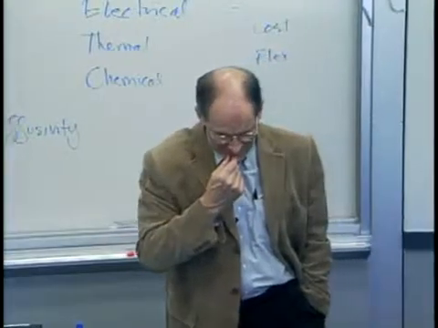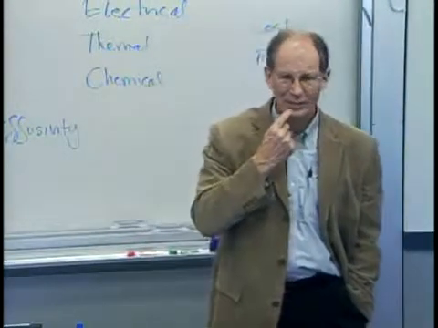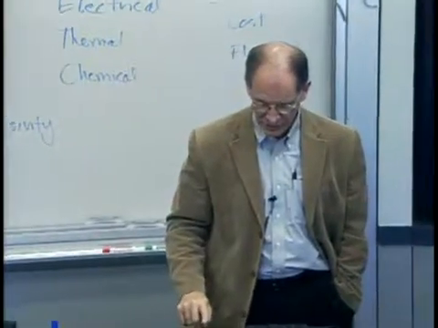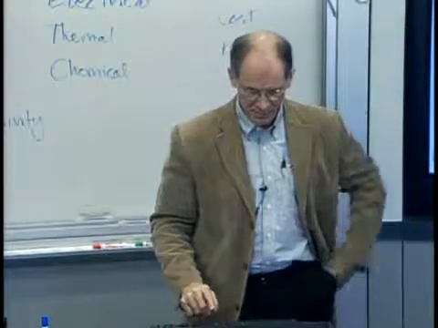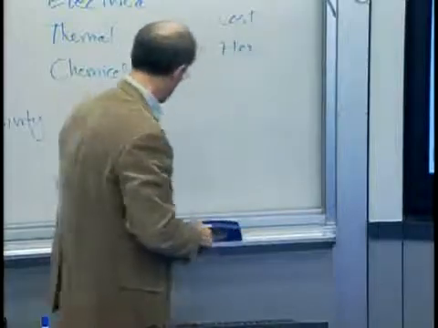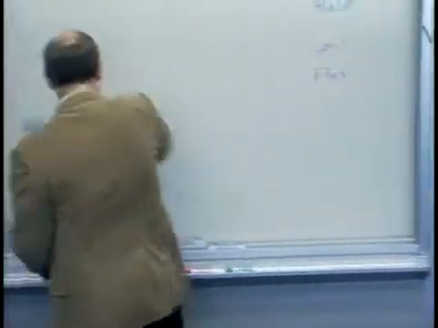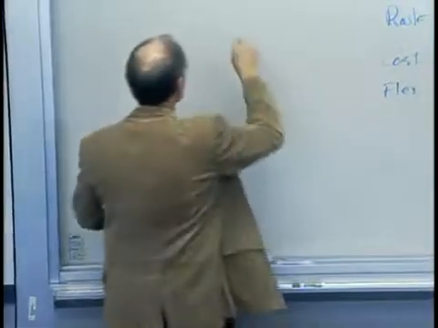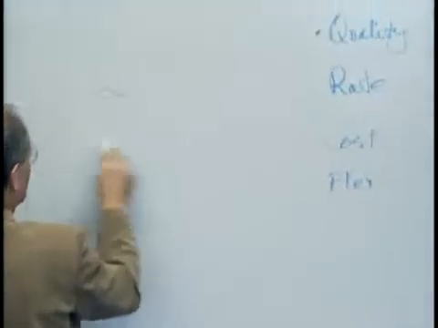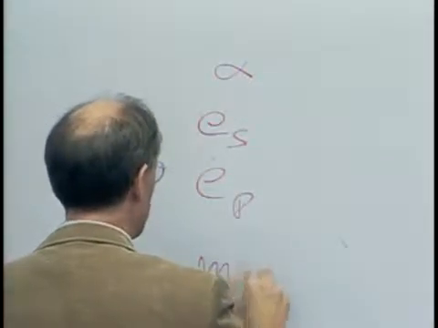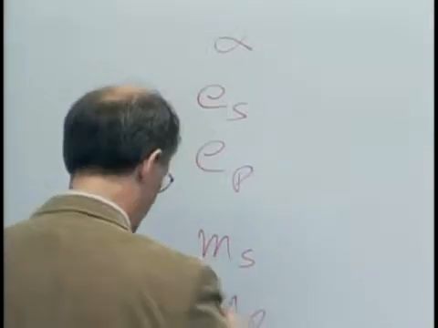So if I just say, all right, I'm going to subdivide, by the way, all four of these things are subdivisions of this vector alpha that we said is what makes everything happen. Okay, so I've got alpha, and then I'm going to divide that into what I'll call equipment states, equipment properties, material states, and material properties.